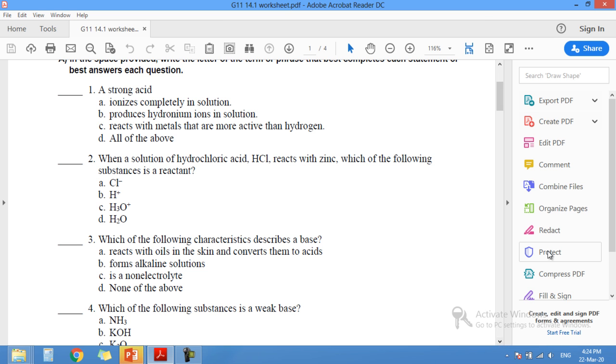Take care, it is an acid HCl reacting with zinc, which is a metal. The answer is C, H3O.